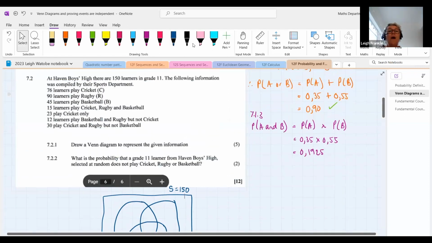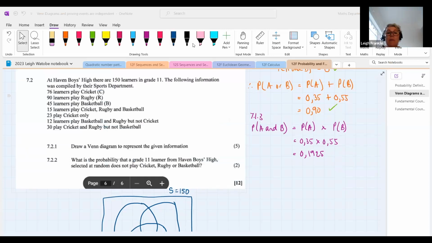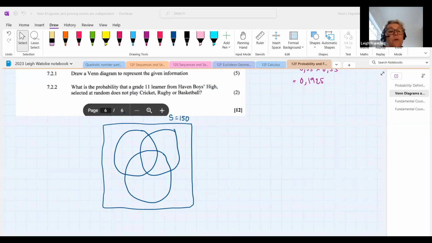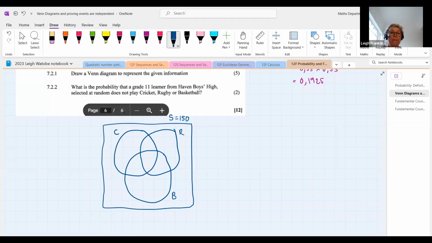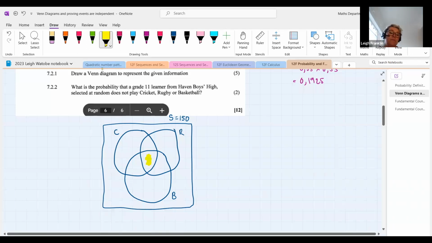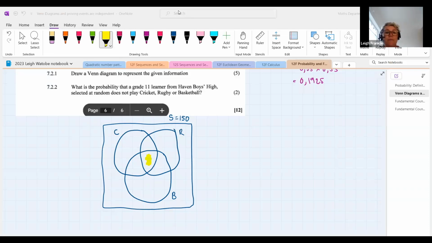Now, before I jump in and start filling in numbers all over the place, let's just talk about what the different regions mean. I'm going to call this one cricket, this one rugby, and this one basketball. This area over here in the center, what does that represent for us? All 3, absolutely.